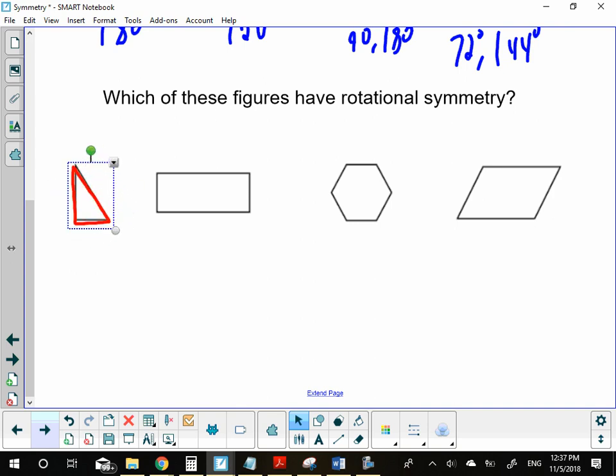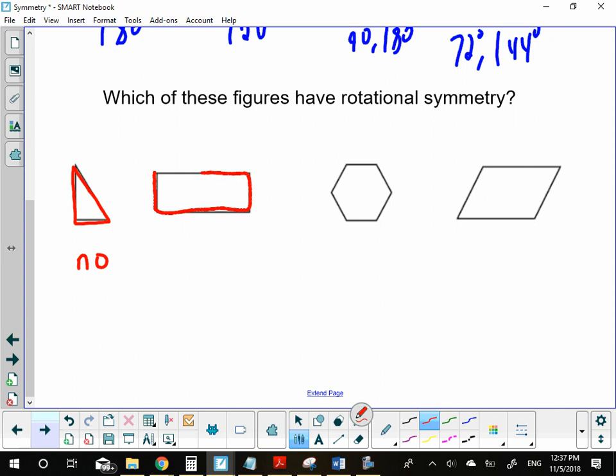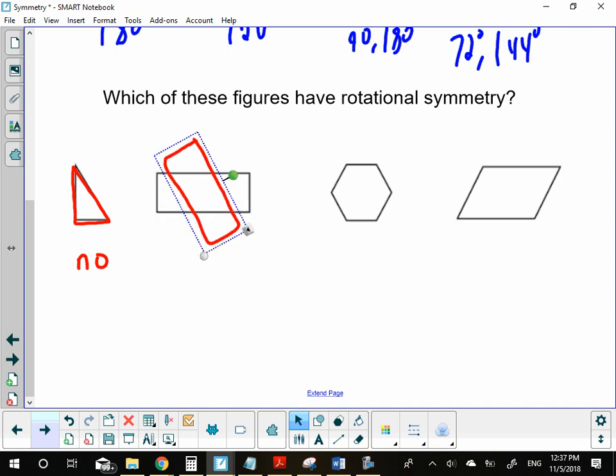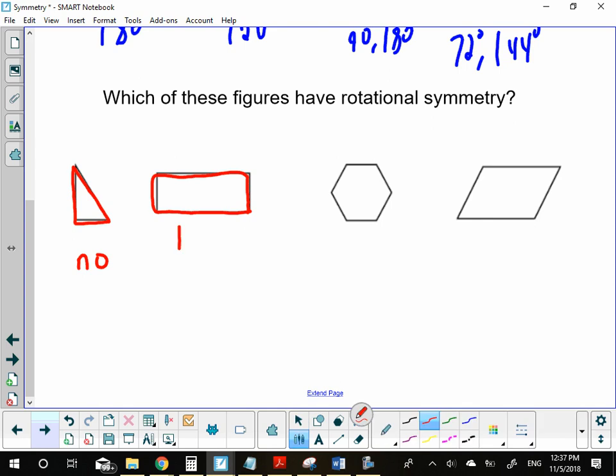So we'll call that one a no. How about this rectangle? Does that have rotational symmetry? Is that 90? 180. Does that match up? Looks like it. That also has 180 degrees. Anything else on that one?